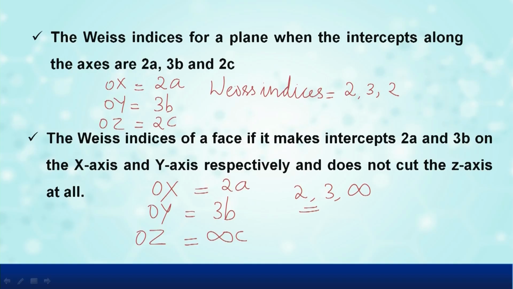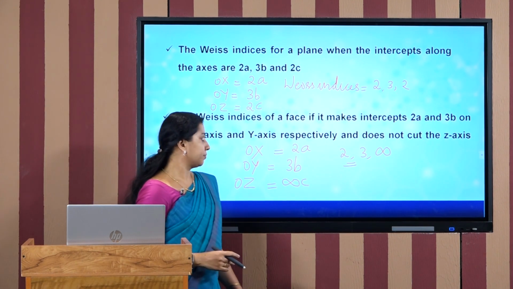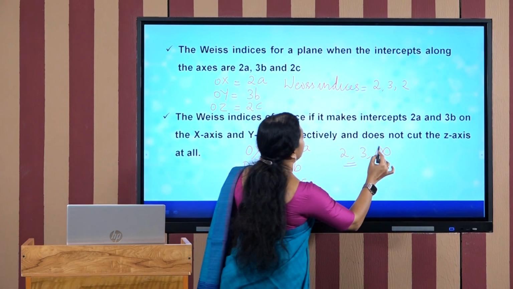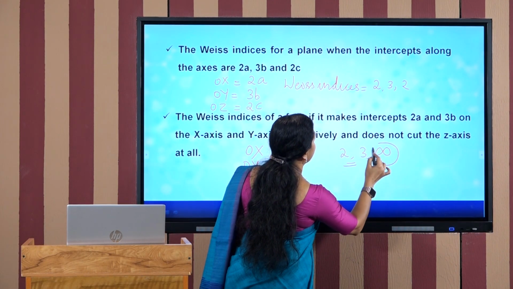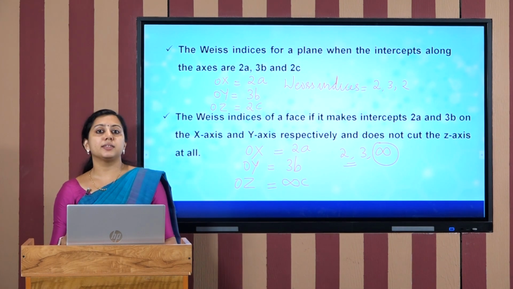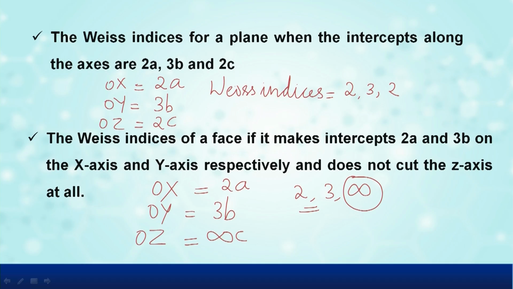Okay. So, we can see that the Weiss coefficients here, some are whole numbers, but when we write a quantity like this, that is infinity, it is rather awkward to represent the position of a crystal plane using infinity.